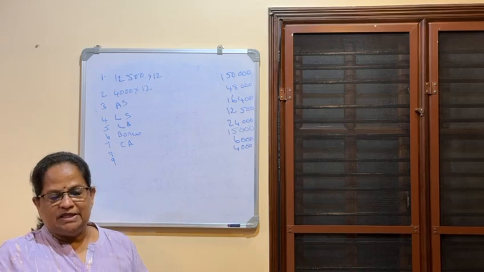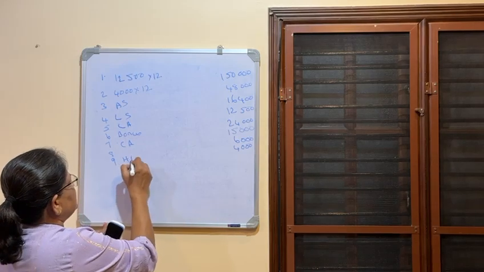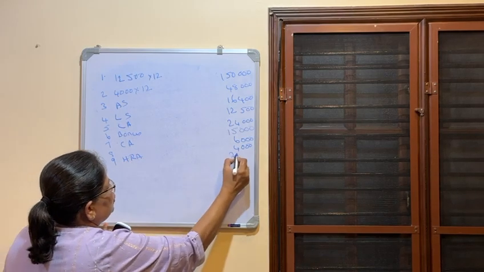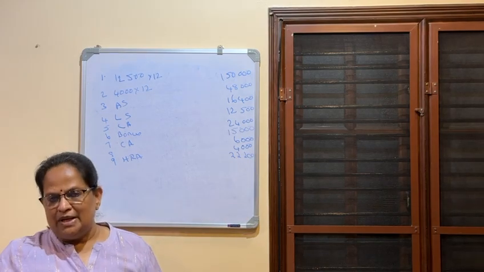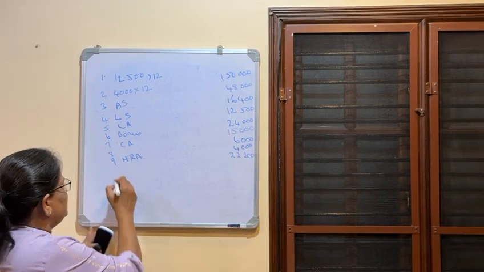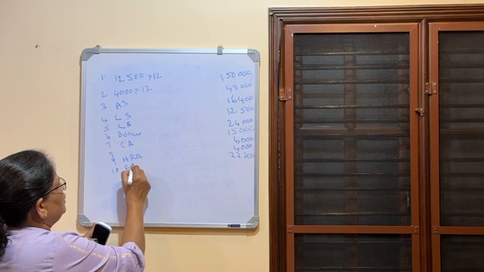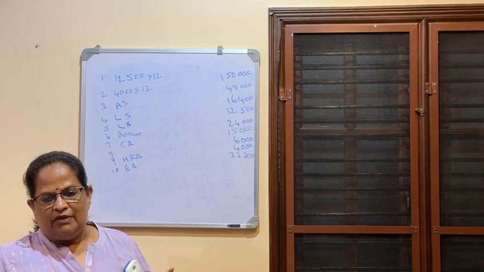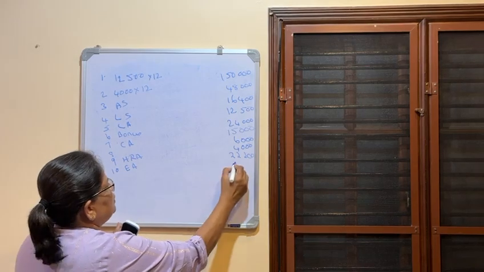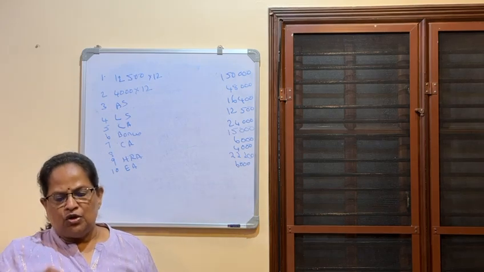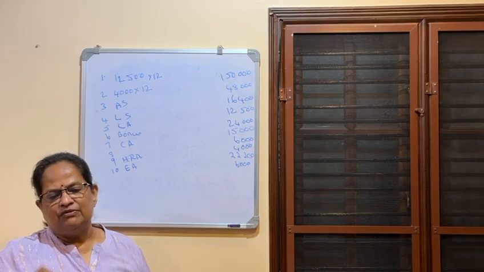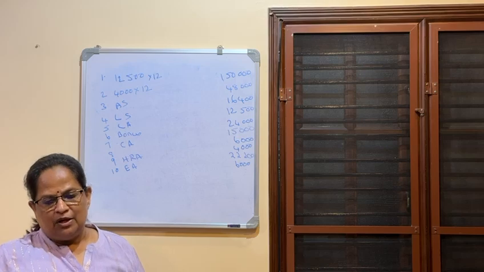Next value is HRA. We have already calculated HRA, 22,200. Next is entertainment allowance, fully taxable because he is a non-government employee. That is 500 into 12, 6,000. Next is employer's contribution to RPF in excess of 12%. 15% they are contributing.